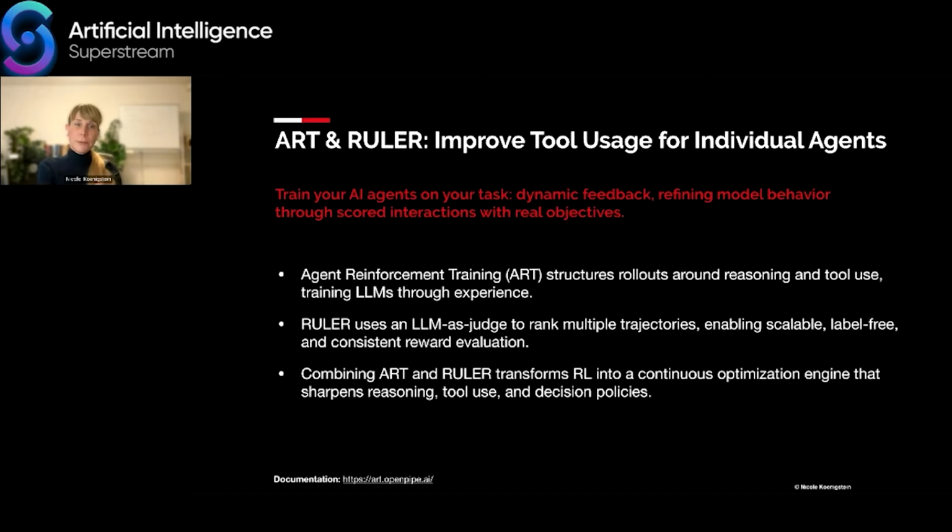ART is a reinforcement training framework for large language models, or better, for agents. And RULER is a ranking framework which uses an LLM as judge to rank multiple trajectories. And this enables scalable, label-free, and consistent reward evaluation.